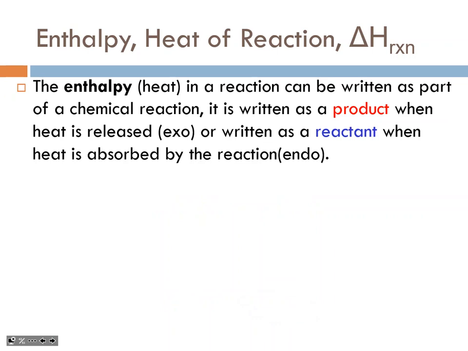All right, for enthalpy, heat of reaction, also known as delta H. Enthalpy, or heat of reaction, is the amount of heat per mole of reaction generated. It can be written as a product when heat is released, if it's an exothermic reaction. It can also be written as a reactant when heat is absorbed, which would then be endothermic.